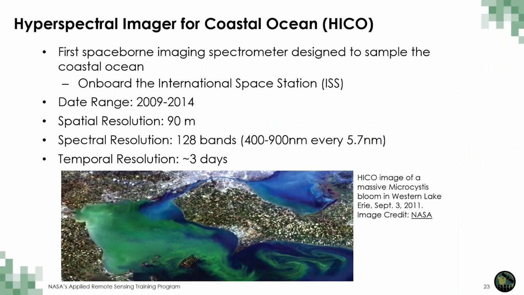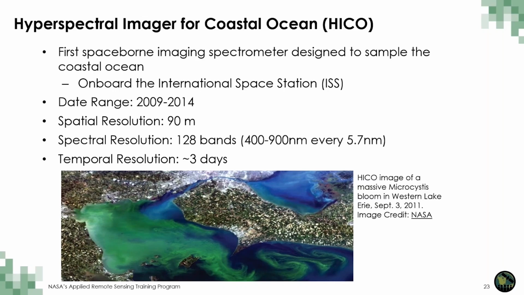Now here's a reminder of some of the characteristics of HICO, since it was particularly designed for coastal systems. HICO was used to sample specific coastal regions at 90 to 100 meters spatial resolution, with a spectral coverage from 380 to 960 nanometers, with bands that were sampled every 5.7 nanometers.